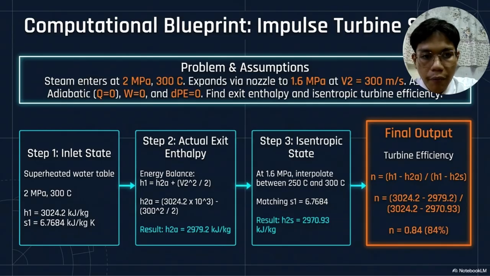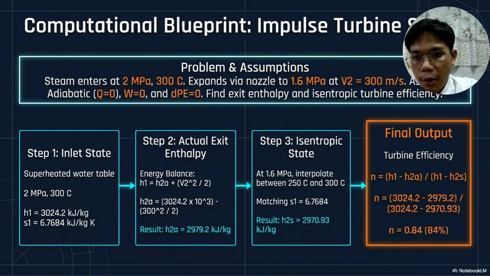For the result, we got the enthalpy at the outlet for actual as 2979.2 kilojoules per kg. Moving on to the next step, the isentropic state at 1.6 megapascal. For this we have to refer to the superheated table in the steam table.